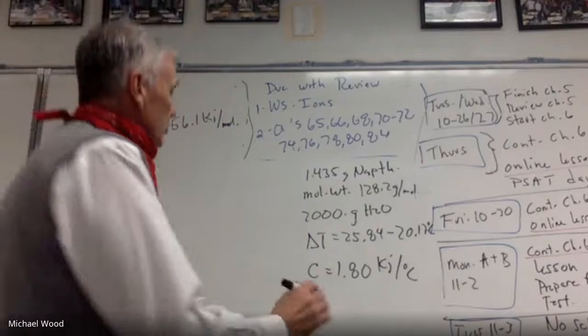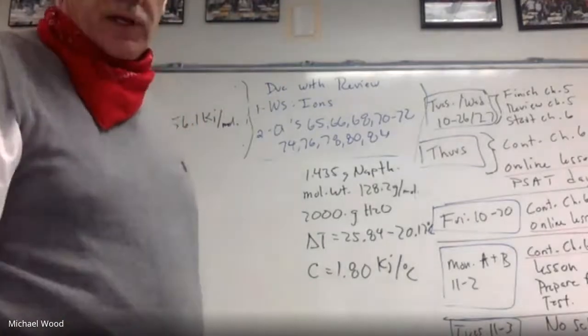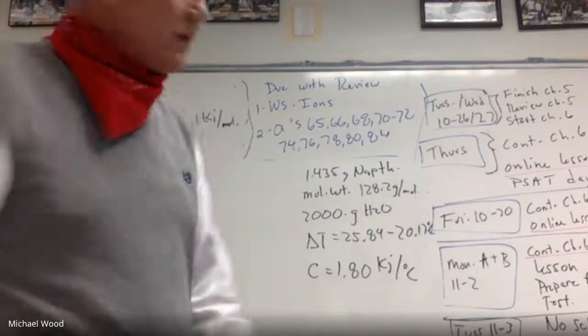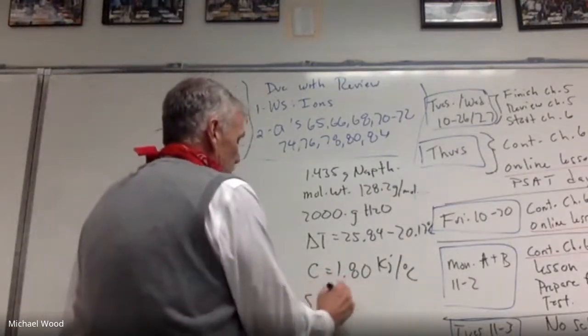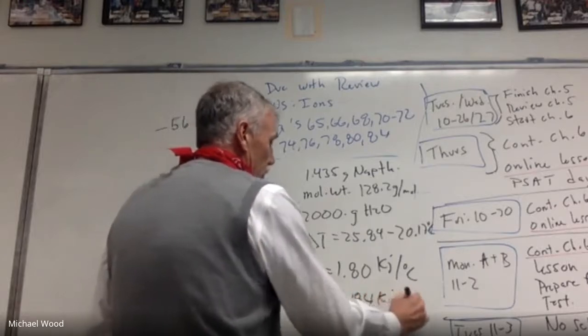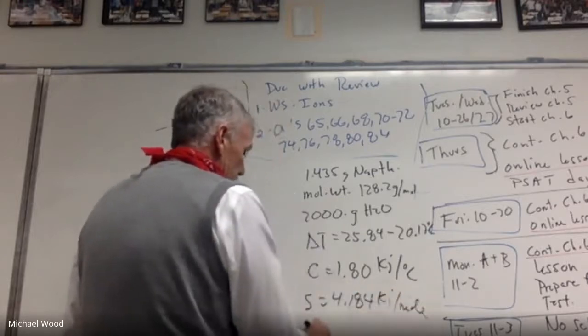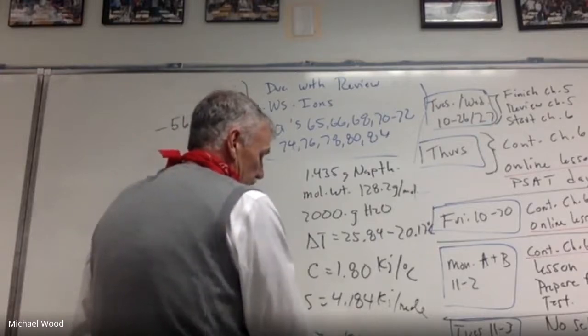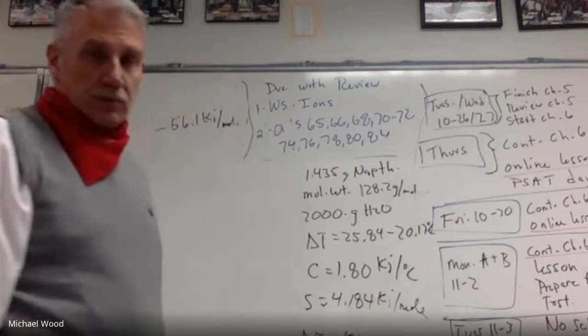And then the other thing we're told, so now back to the problem I'm doing on naphthalene. The specific heat we are told is 4.184. Now what we're trying to find is delta E. Remember, delta E is the same thing as delta H, and again, it's in kilojoules per mole.